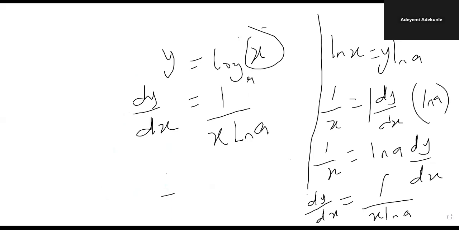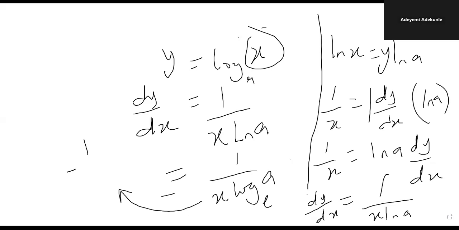In another textbook, we can see it as 1 over x log a base e. In another textbook, you can even see your answer as 1 over x times 1 over log a base e, which can also be written as log e base a. So this particular question has two answers, in quotes.